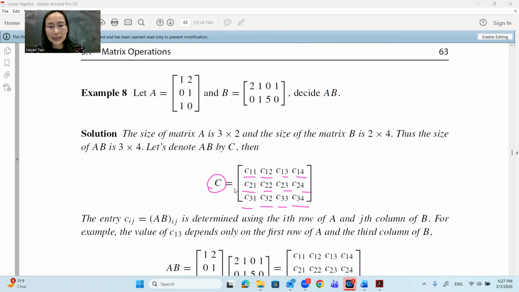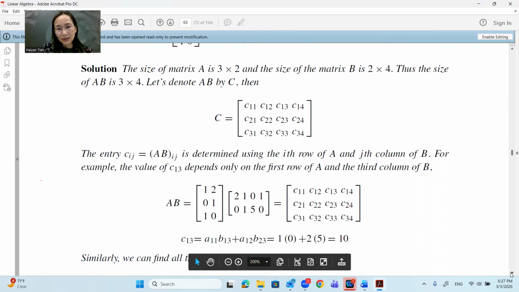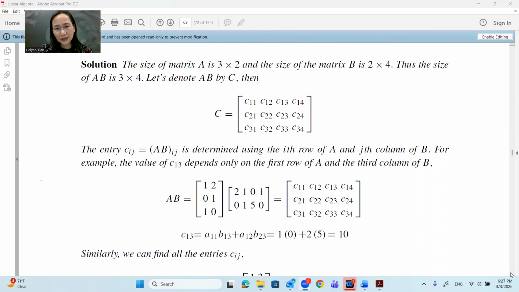So now can we find any entry? Yes. Suppose I want to find C23. Let's do it. This time the approach is different, in that we can just find each entry of the product. So using, for example, let's do C13. C13 means we're going to use the first row of A and the third column of B, 1 and 3.